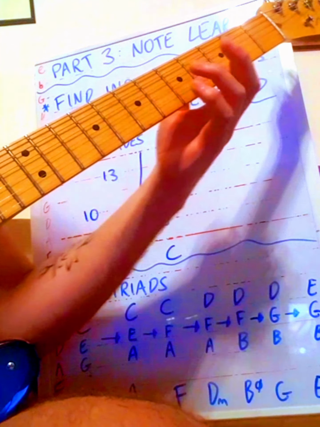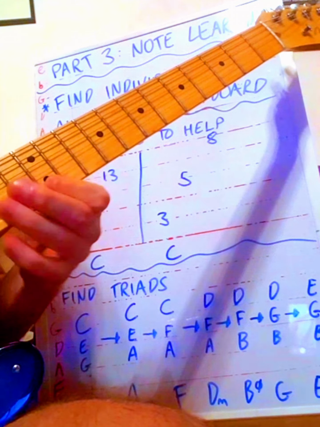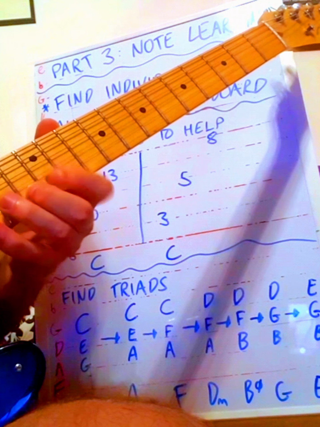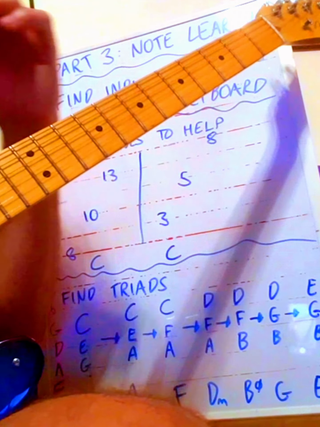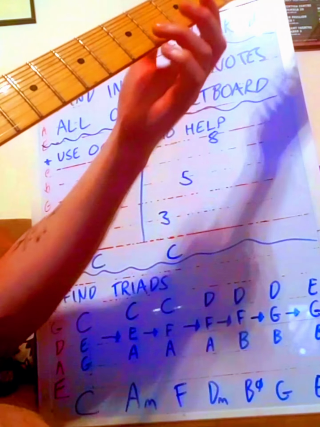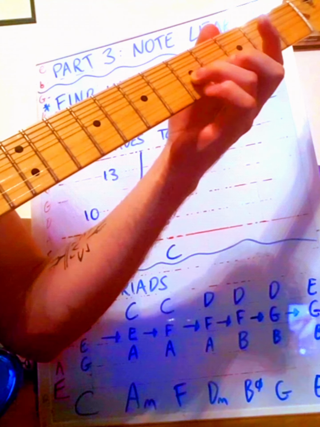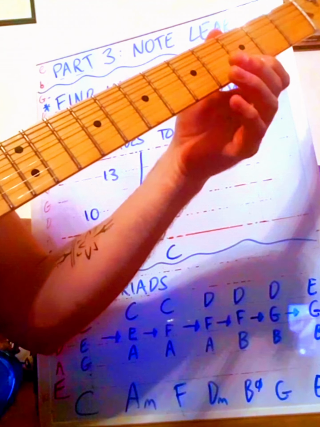So you can look for different inversions of the chord. I'll just keep it in this lower position to start out with. So the C triad is on the 5th fret of the G string, C, E, and G.